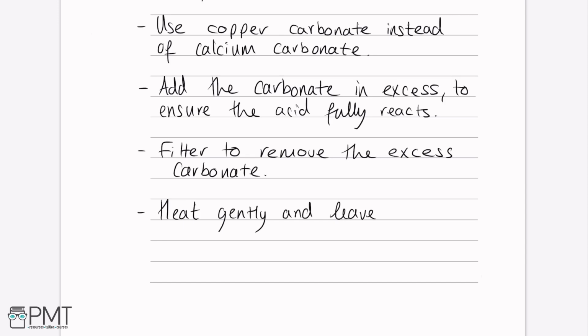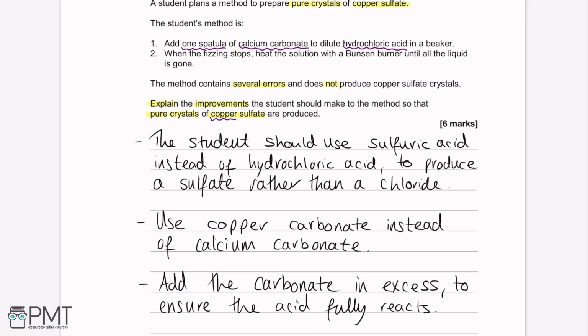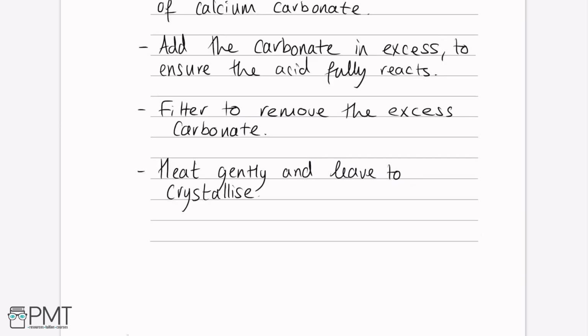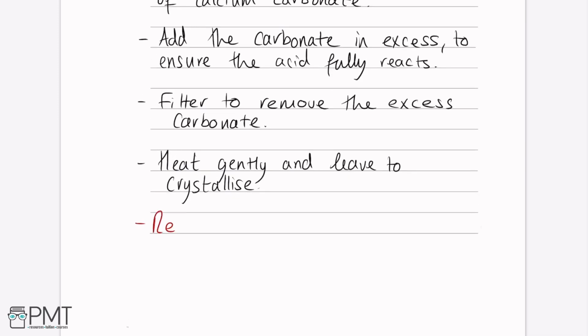So this question built upon our practical skills. It was a slightly more demanding question than simply recalling a method, because we had to suggest and explain improvements to a student's method. So this was a slightly harder question. Now, as I said, it was worth 6 marks, and the marking for this question had a levelled approach.